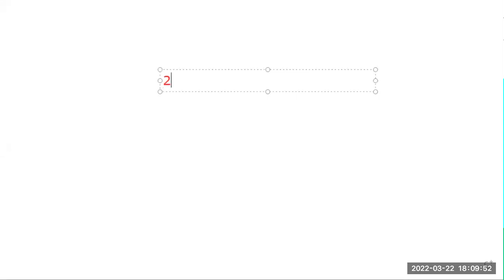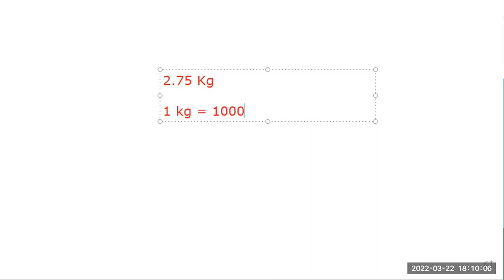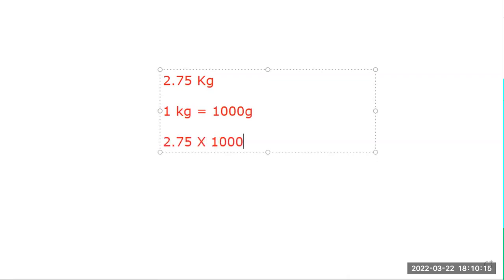So we have 2.75 kilograms. Right? So 1 kilogram is equal to 1,000 grams. So for 2.75, what we need to do is multiply by 1,000.